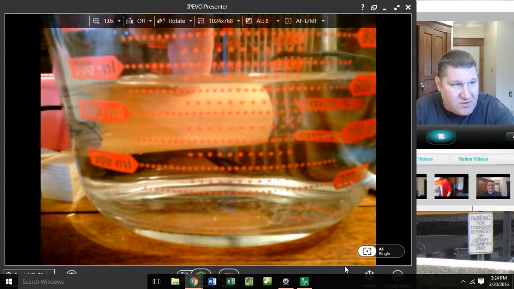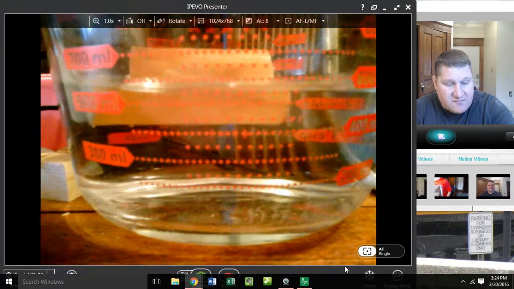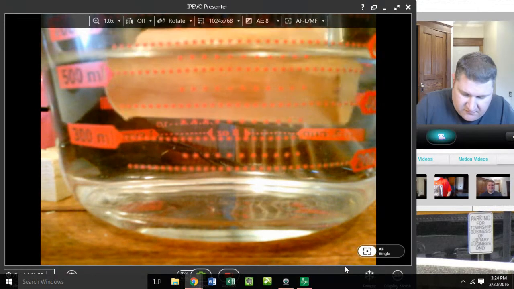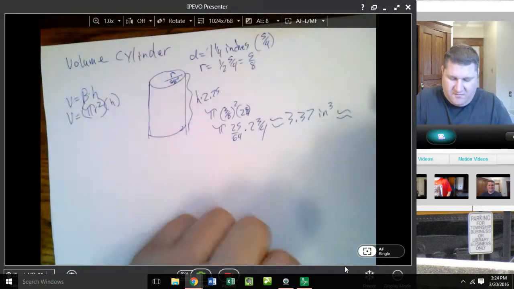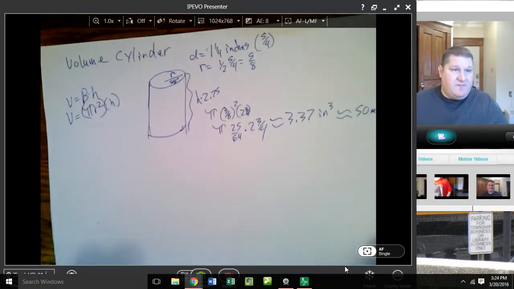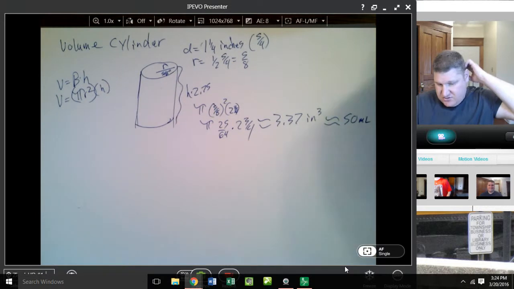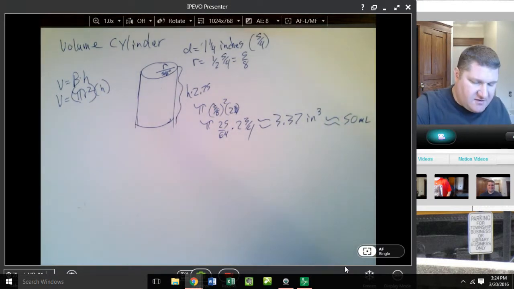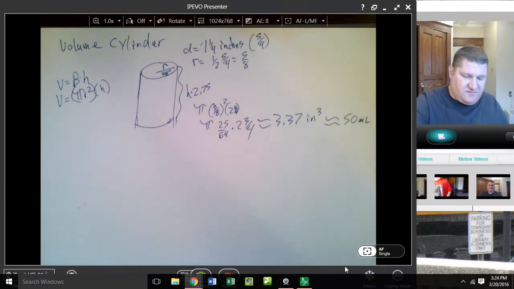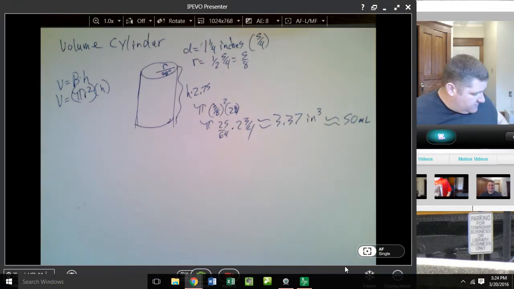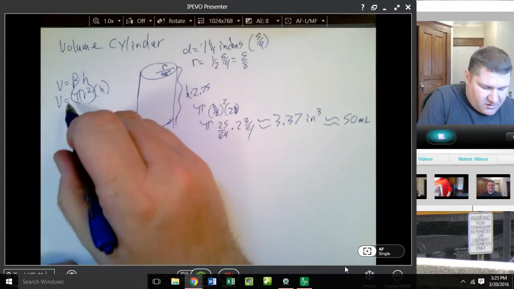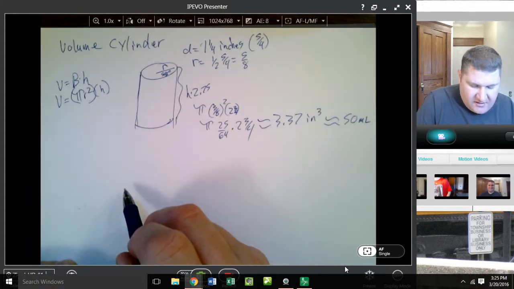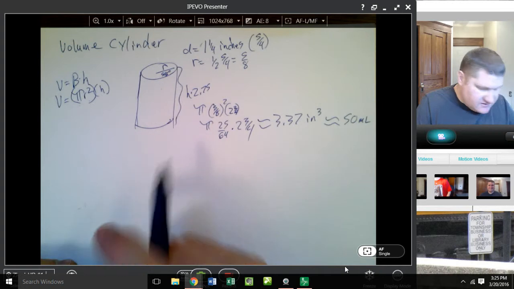Now let's make sure it's not below 650 milliliters. So our approximate volume would be about 50 milliliters. Had I measured in cubic centimeters, we could have made a comparison and confirmed it. But we'll see how all that goes. We did it by displacement just like last time. So any cylinder is nothing more than base times height, which is pi r squared times h.